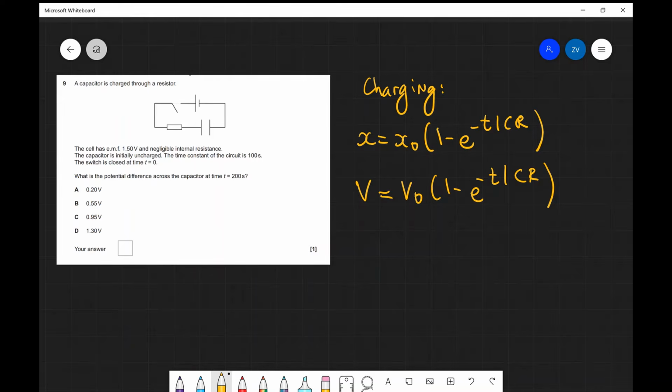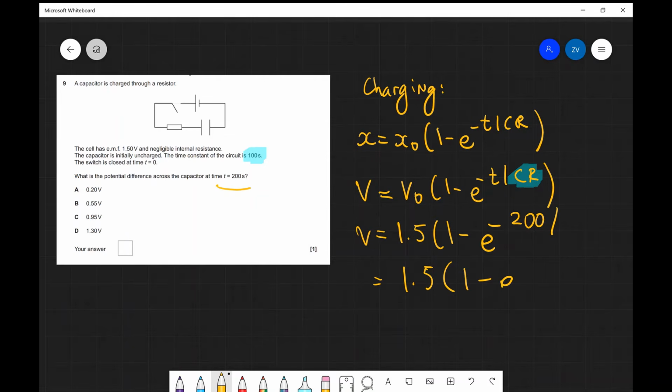Okay, well, in this case, what we're looking for is V. We have the EMF, this is the initial voltage, to be 1.5 volts, so that's just 1.5 times 1 minus e to the power of minus t, so t is 200, like so, and the time constant, remember the time constant is CR, is this one over here, so this is going to equal 1.5 times 1 minus e to the power of minus 2.